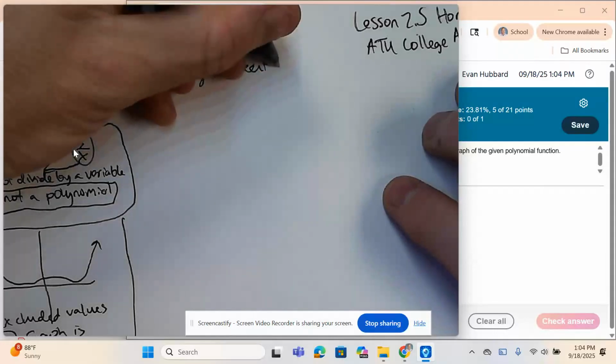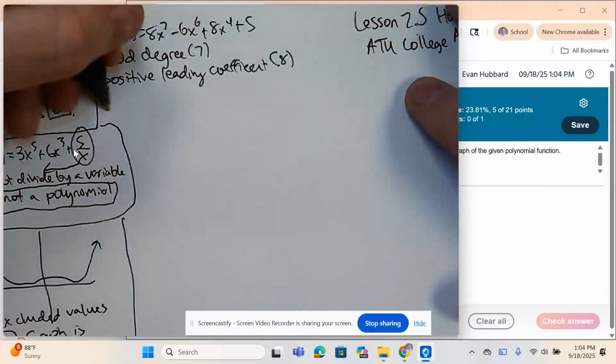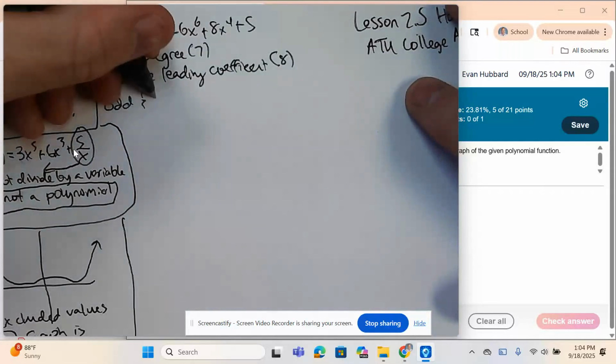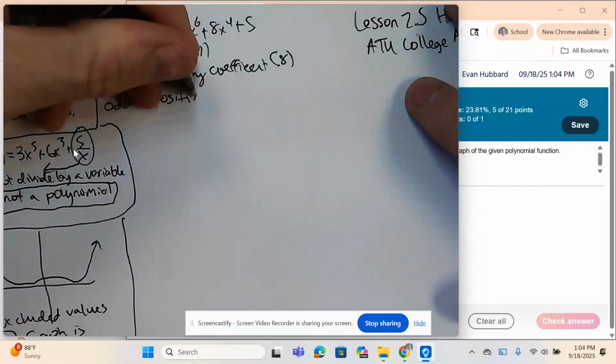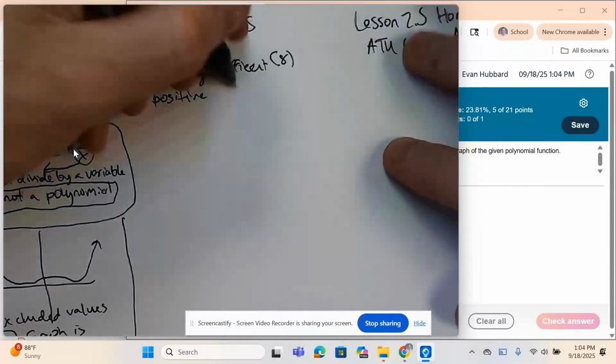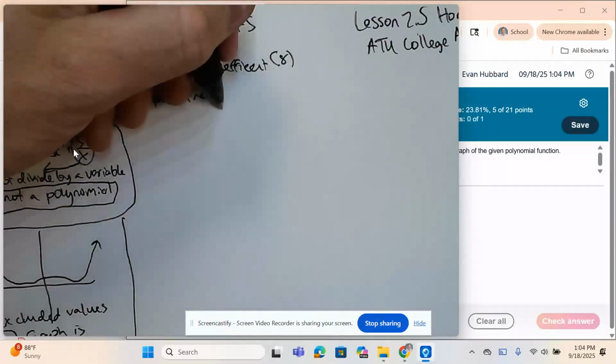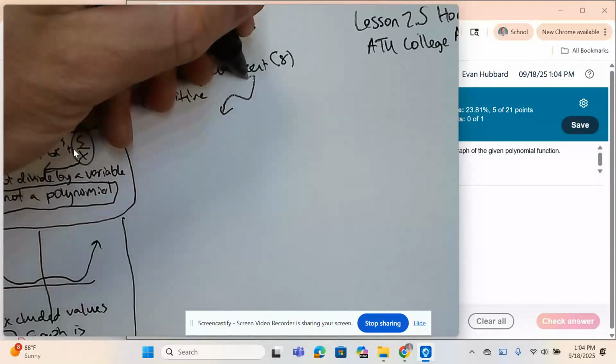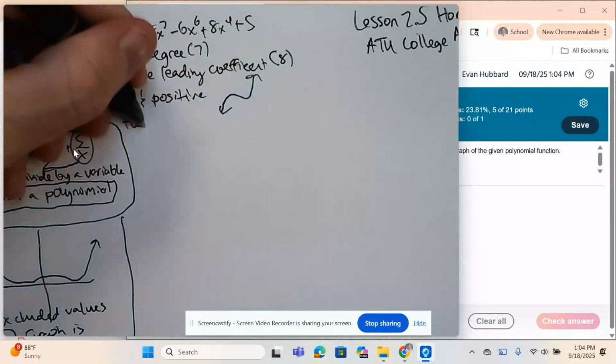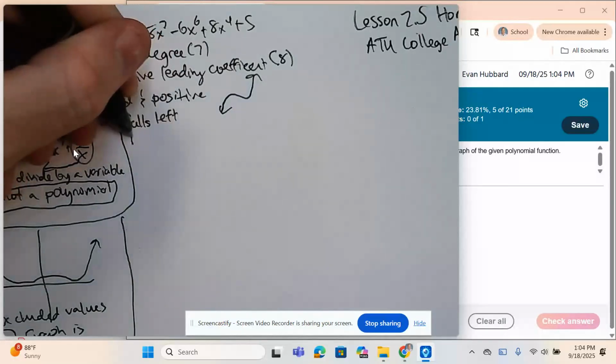So odd positive. You could look in your notes, I also talked about it back here. Odd positives go down on the left and up on the right. So it falls left and rises right.